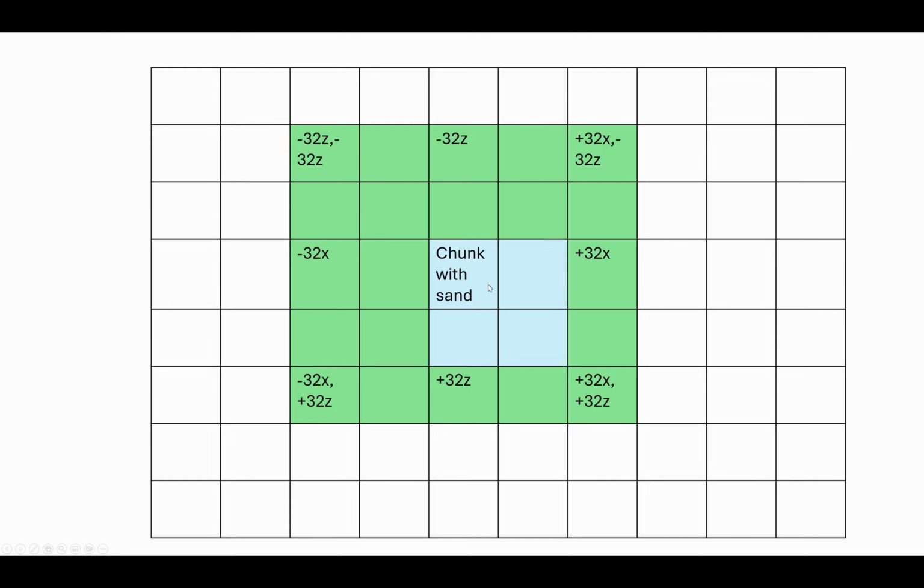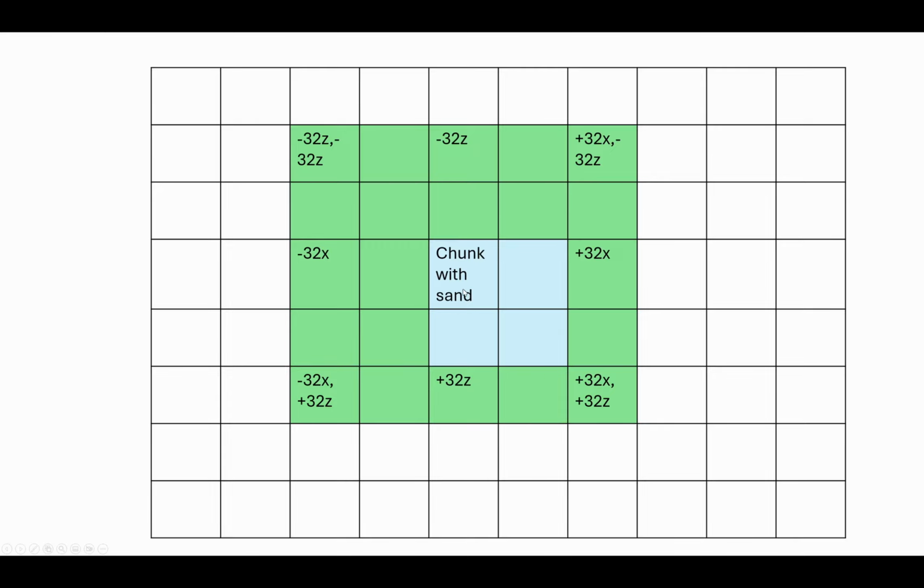So here we have the chunk diagram again. This center chunk is the chunk with the sand, and then we have this 5 by 5 of chunks. So if we now have the async lines on a corner like this here, so in my contraption the async lines are kind of centered on this corner, and they don't go past half of the chunk.